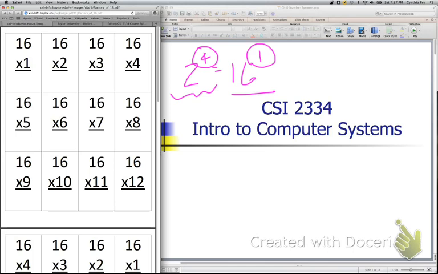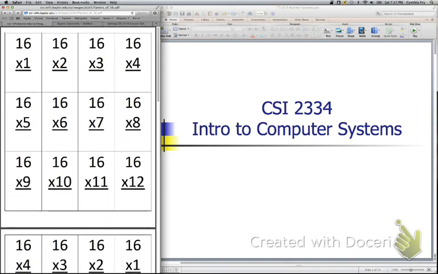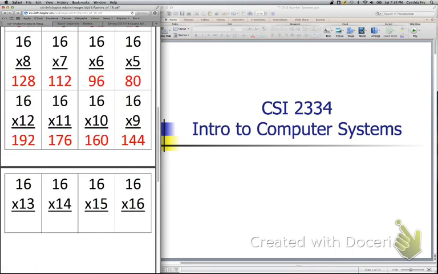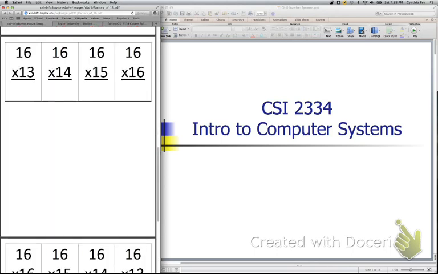So, multiples of 16 are written here in flashcard style so that you can easily go from one side to the other. Oh, I went too fast. So this is the front side. If you print these front and back, two-sided, on the back page you'll get the answers showing up in red, and the same goes for the rest of these.